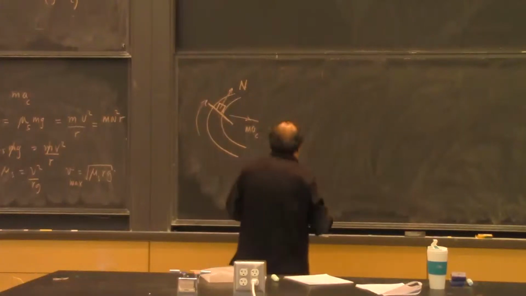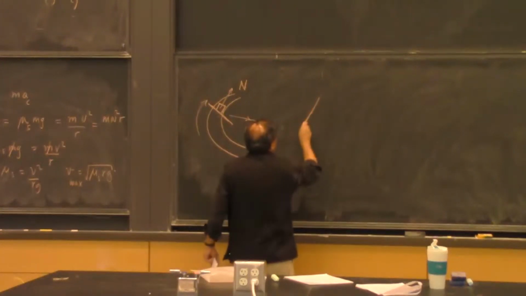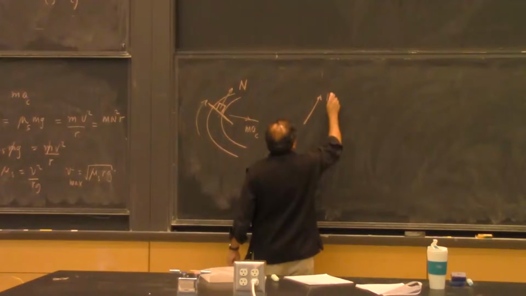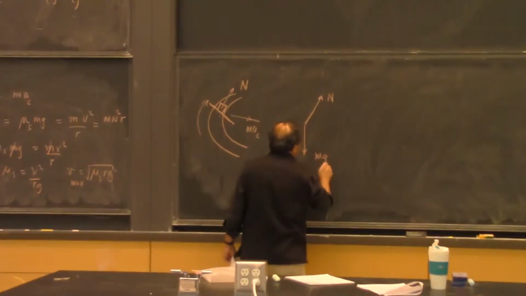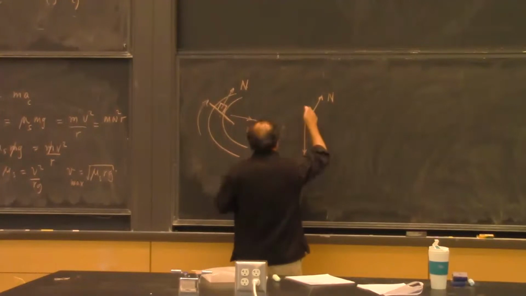So I should now be able to draw the force diagram. I have a normal force going that way, right? Mg is always vertically downward, and this is the vertical direction because mg is downward, and let us say that this angle here is theta.